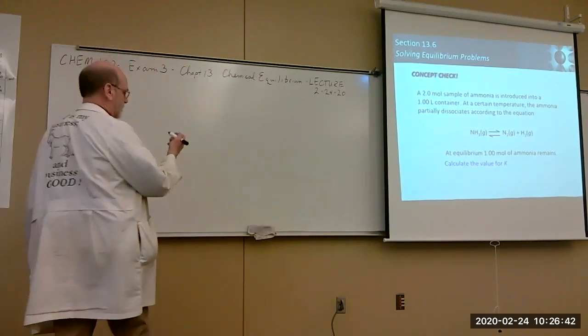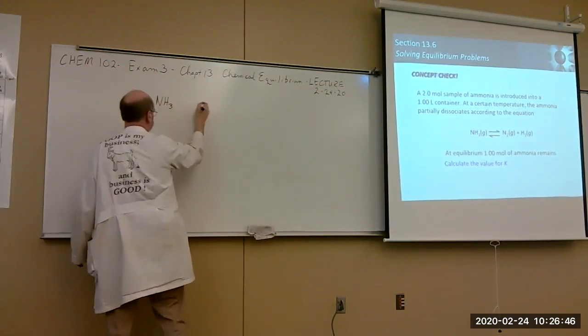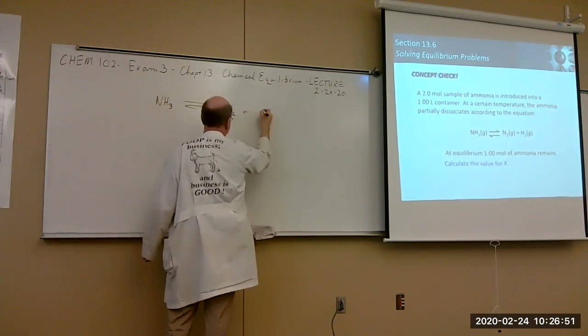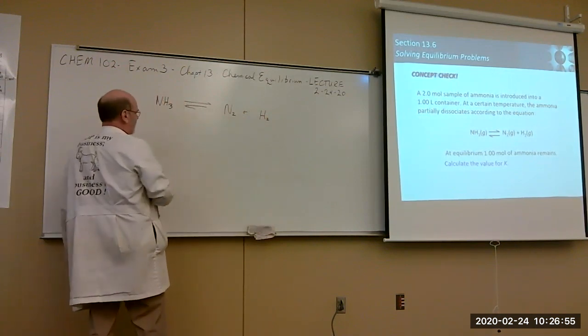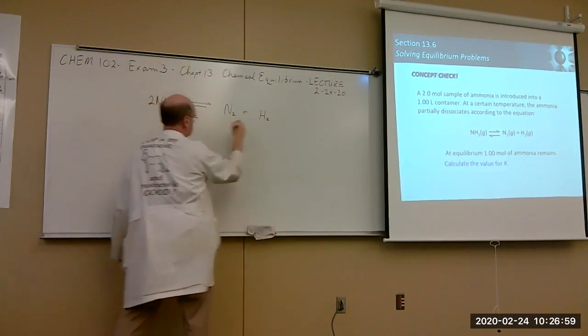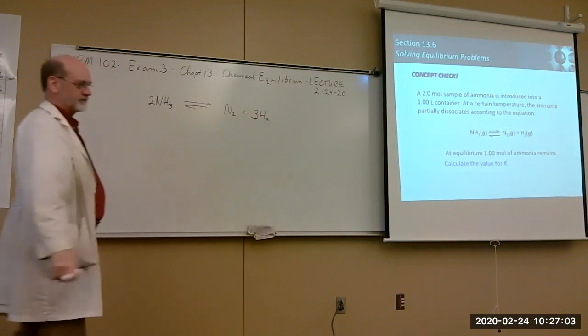Let's go ahead and do that. I think we need 2 here, make 2 nitrogens, but that makes 6 hydrogens. There we go. Now it's balanced.